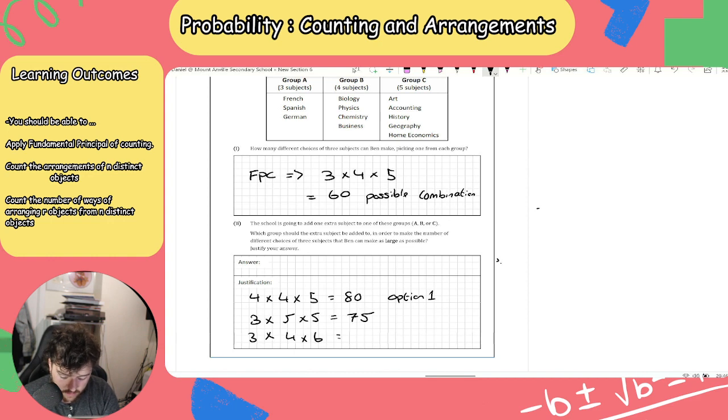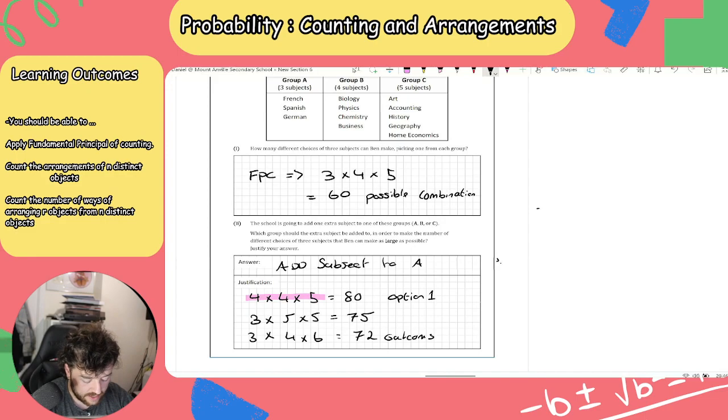So 3 times 4 times 6, which is 72 outcomes. So obviously it's the one where I added to A, right? So add the subject to A. That gives me the largest amount of combinations there.